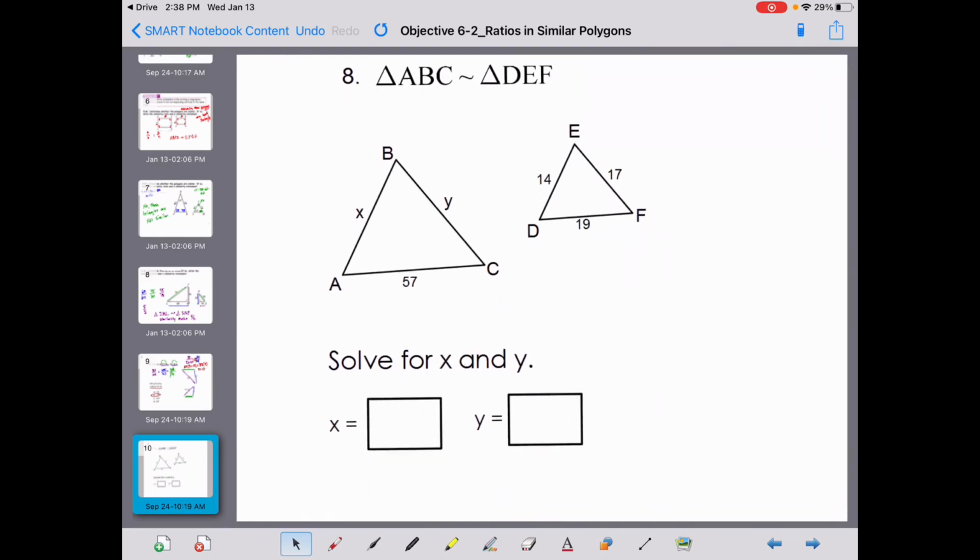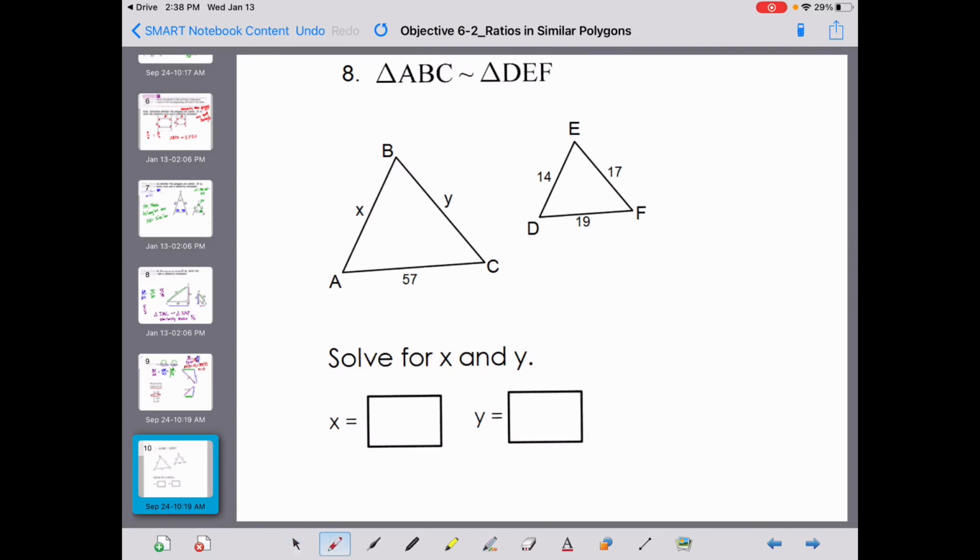There's a number. Yeah, these numbers are weird, guys. Sorry about that. All right, ABC is similar to DEF. So AB, DE.